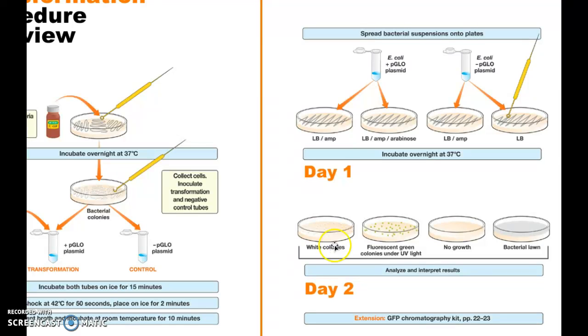And then the last one is the LB AMP and Arabinose plate. Arabinose is necessary to turn on the GFP gene, and we're going to look at how that works in a second as well.